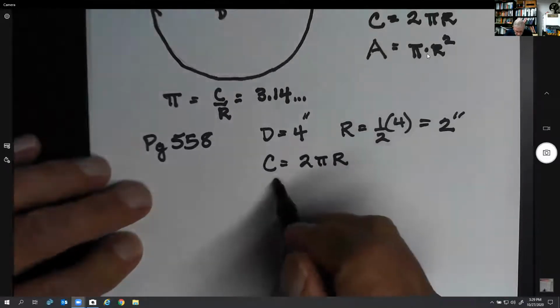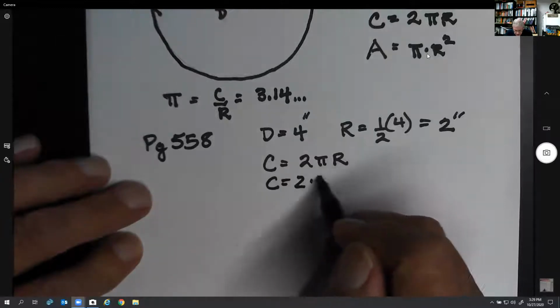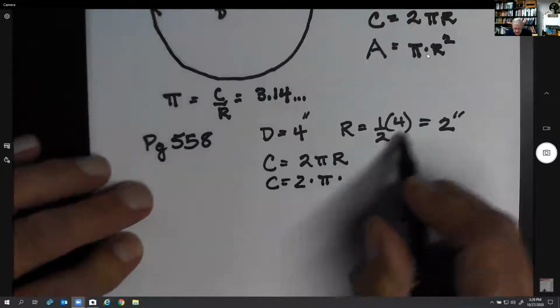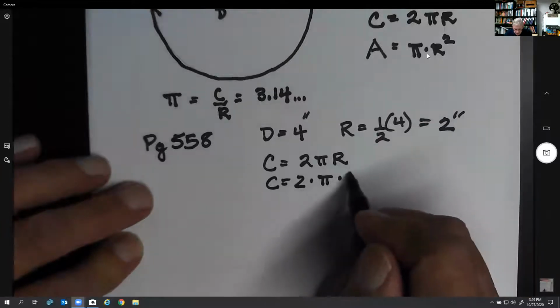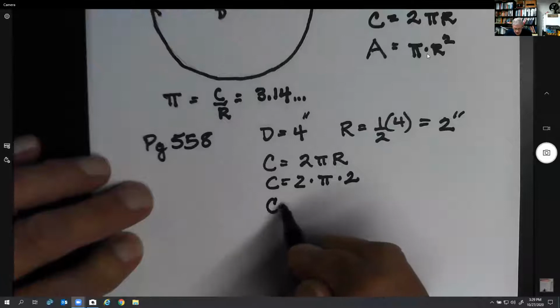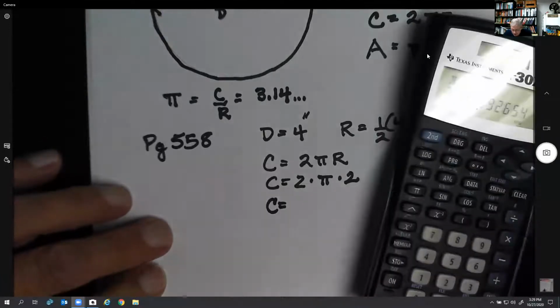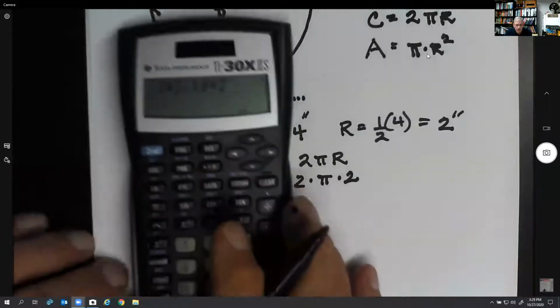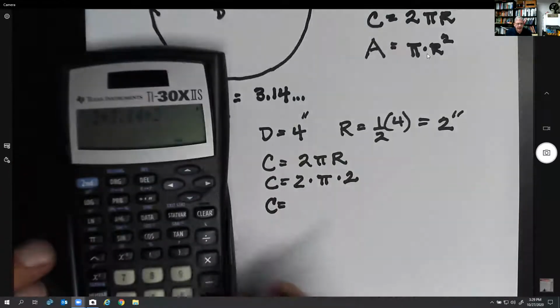So the circumference is equal to 2 times pi times the radius, which in this case is 2. I'm going to use my calculator, but I'm not going to use the pi key. I'm going to hit 2 times 3.14 times 2, because some of you probably don't have a pi key.